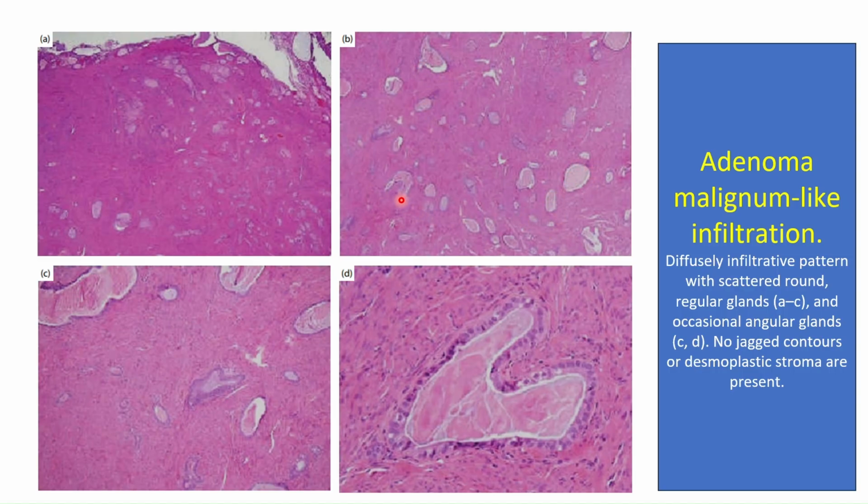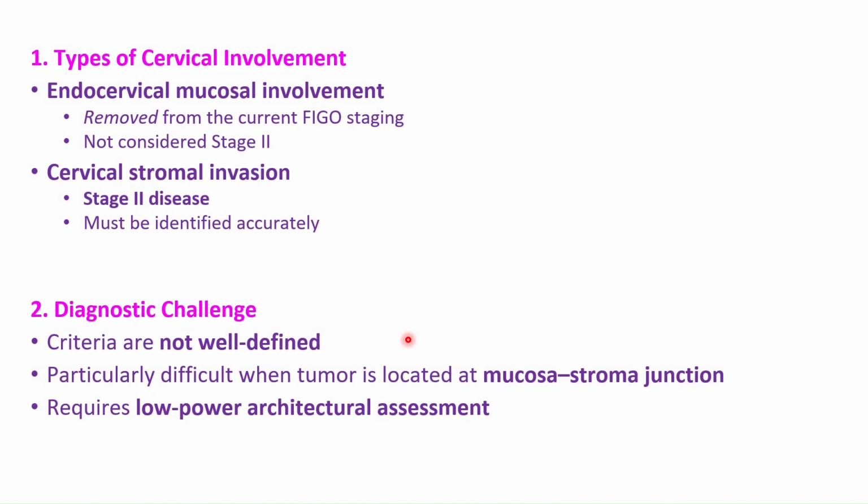So this is adenoma malignum-like infiltration. Here this is a gland without any stroma but it has invaded the myometrium. And there is no desmoplasia, only the gland in the myometrium. So this is a diffusely infiltrative adenoma malignum-like invasion.